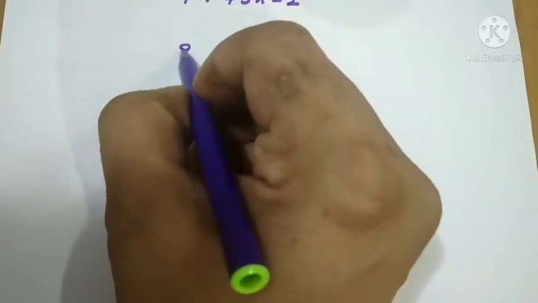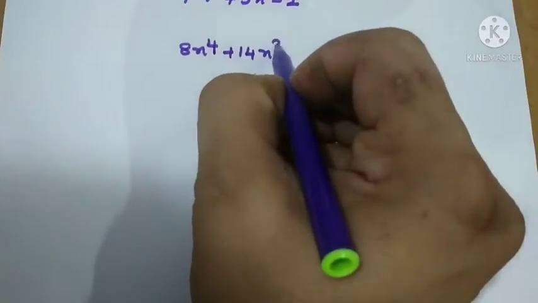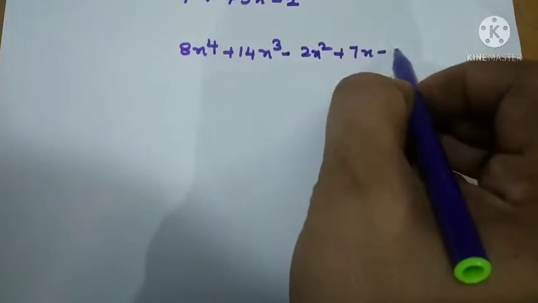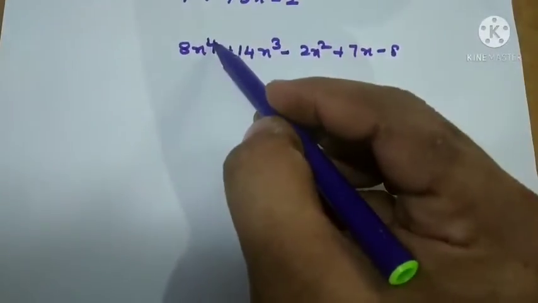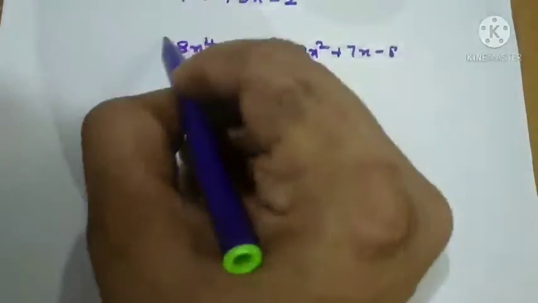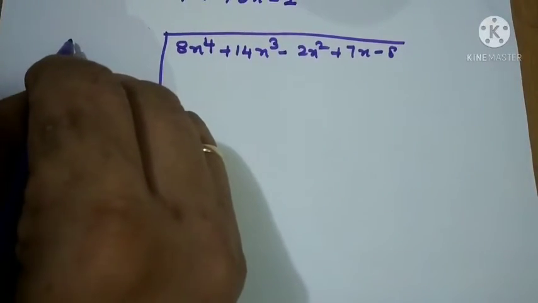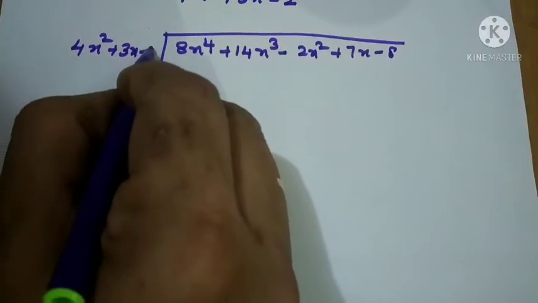So I'll write here 8x raised to 4 plus 14x cube minus 2x square plus 7x minus 8. All the terms you can check descending order only. x raised to 4, x raised to 3, x square, x raised to 1, then constant. It is to be divided with which polynomial? 4x square plus 3x minus 2.